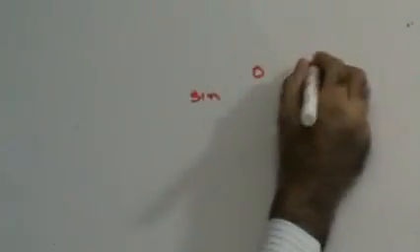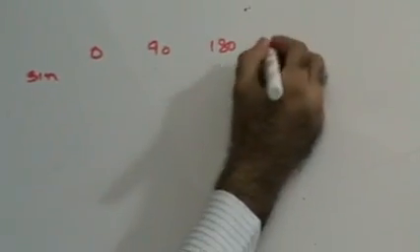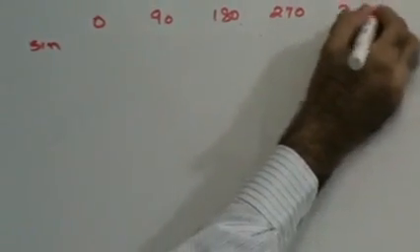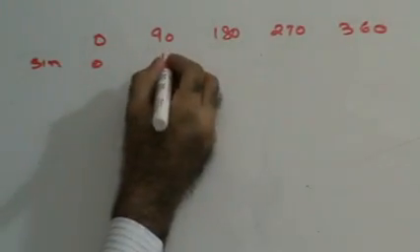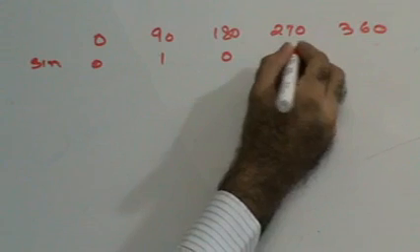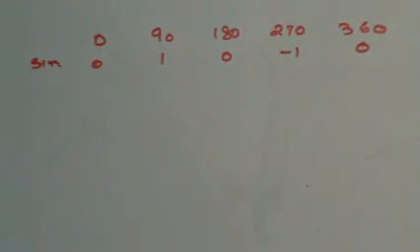Now, before I do that, I'll just show you a rough form of this. Sin 0 is 0, sin 90 is 1, sin 180 is 0, sin 270 is minus 1, sin 360 is 0.